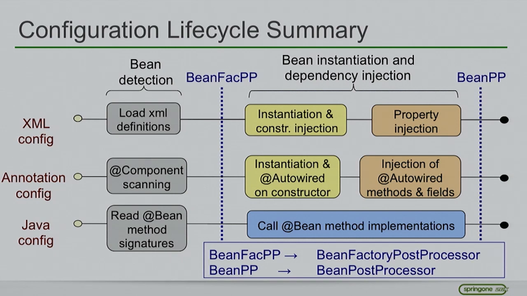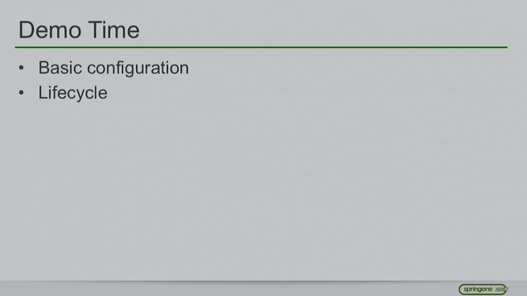The main reason I put this slide up is so that you are aware that all three types basically support the same lifecycle processing, although they each approach that in a different way. Okay, so that's nice to know. If I use Java config, I can rely on the fact that it's going to go through a bean factory post processor phase and a bean post processor phase. If I use annotation configuration, the same thing is true, and in XML configuration. So that's nice to know. Regardless of what approach you use, everything I'm teaching here is still appropriate.